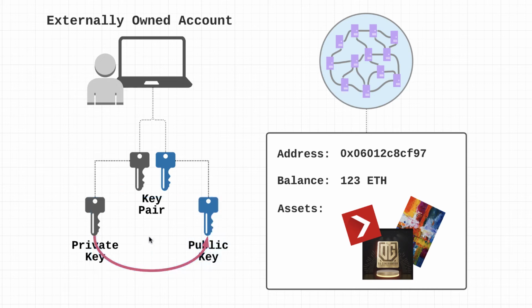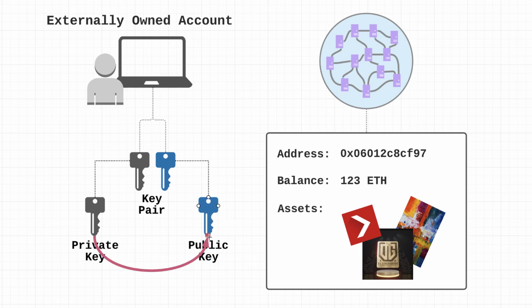Now, this is where things get interesting. If you have the public key, you cannot figure out the private key. So that's why the term one-way function comes in, because you can essentially calculate something in one way, but not backwards the other way.